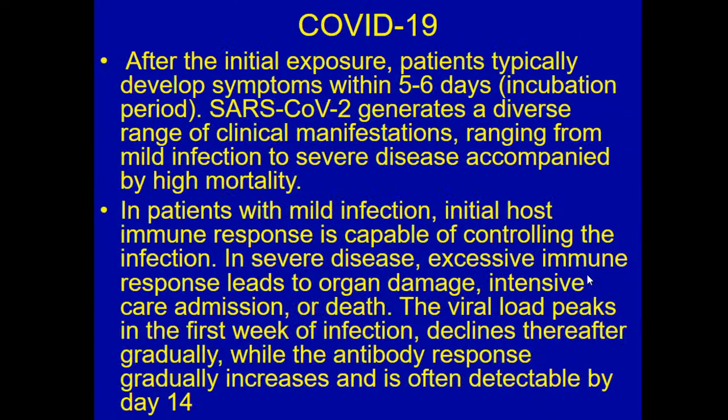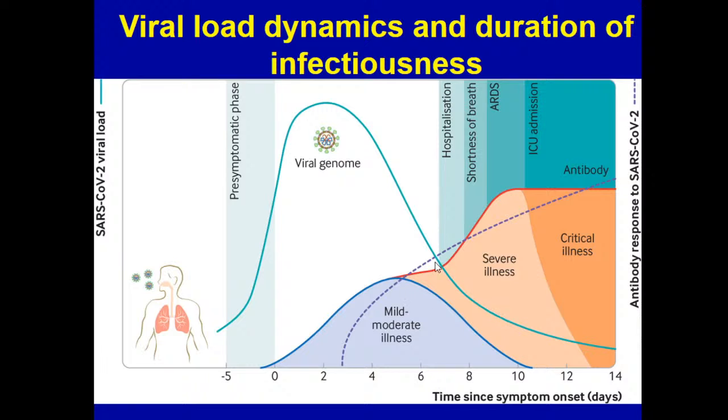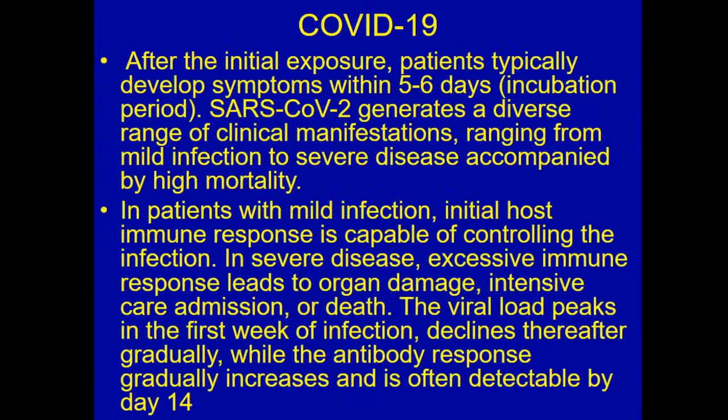In severe disease, an excessive immune response leads to organ damage. You can see here the progression of antibodies, but we may still see very severe disease in the presence of the antibodies. They won't really neutralize the virus completely.